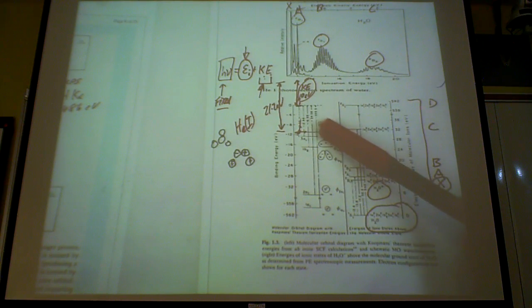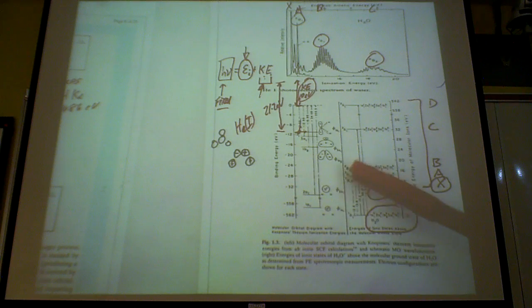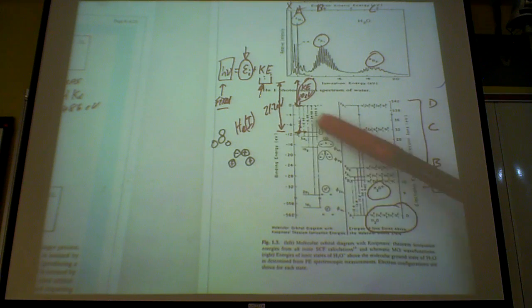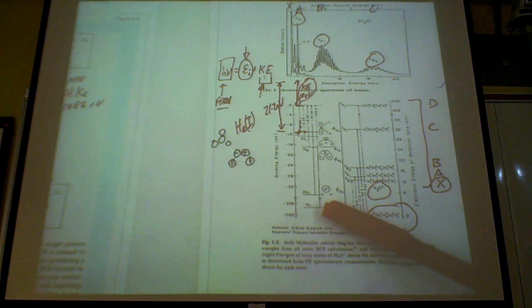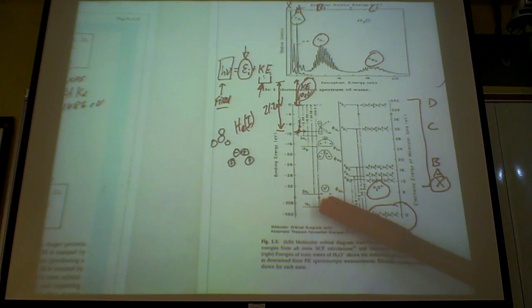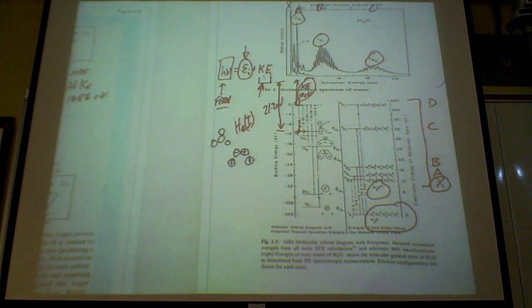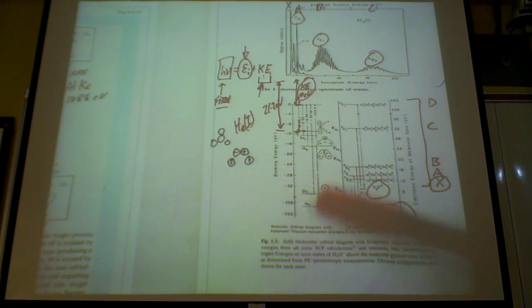I mean, the connection between the oxygen atom and the hydrogen atom, these are in the MO diagram, the molecular orbital diagram. Down in the core hole is 1a1. It's essentially atomic-like, so there's no bonding involved. And so what's the big deal? Why worry about this? Because that should be just atomic-like.